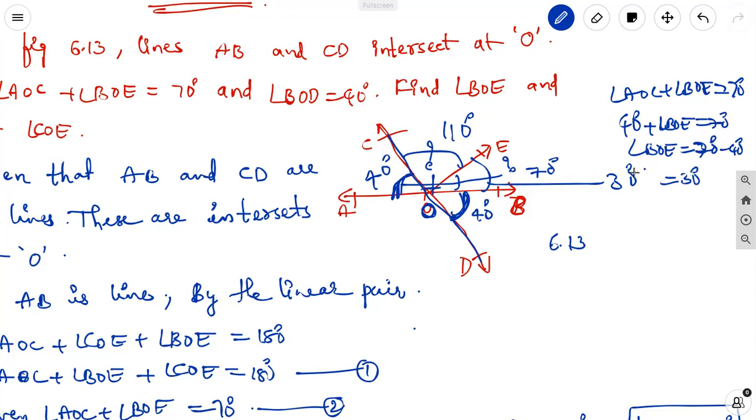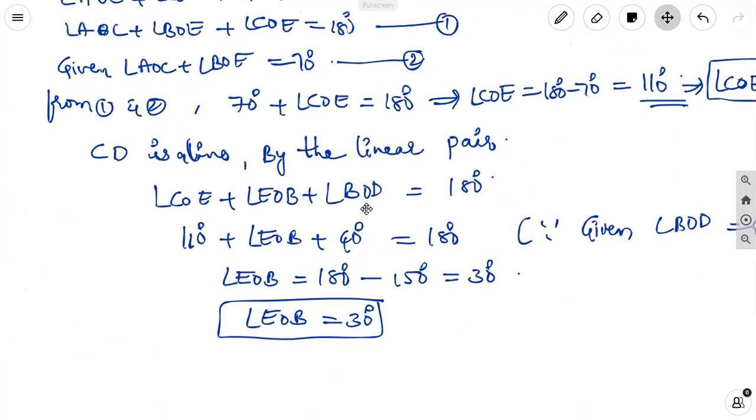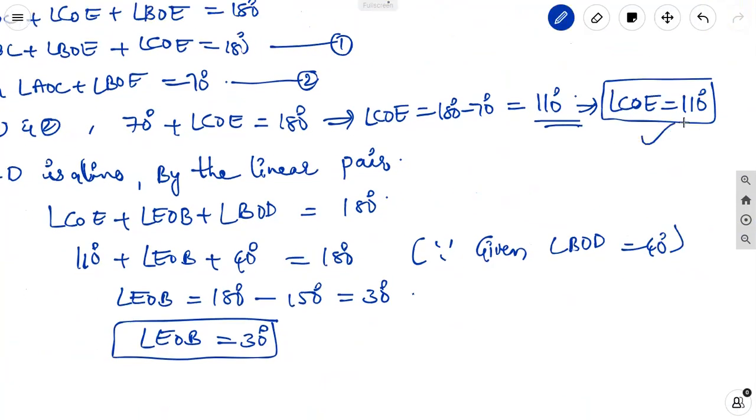We can go through any method, but keep your concentration on the relation of the linear pair and vertically opposite angles. You should mention them and find what they are asking. Here we proved it: angle COE is 110 degrees, angle EOB equals 30 degrees.